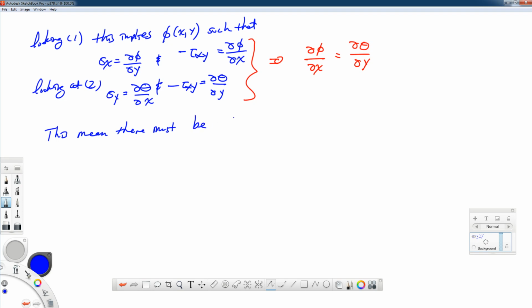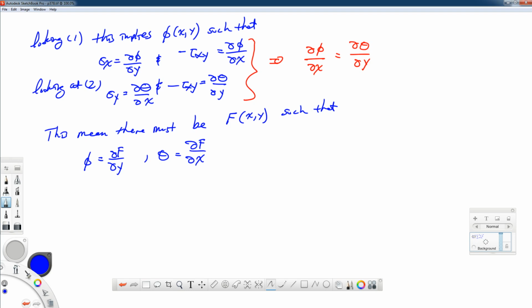And I'll use the notation that our book does. We're going to use the function f, again in 2D, a function of x and y, such that phi is the partial derivative of f with respect to y, and theta is the partial derivative of f with respect to x.